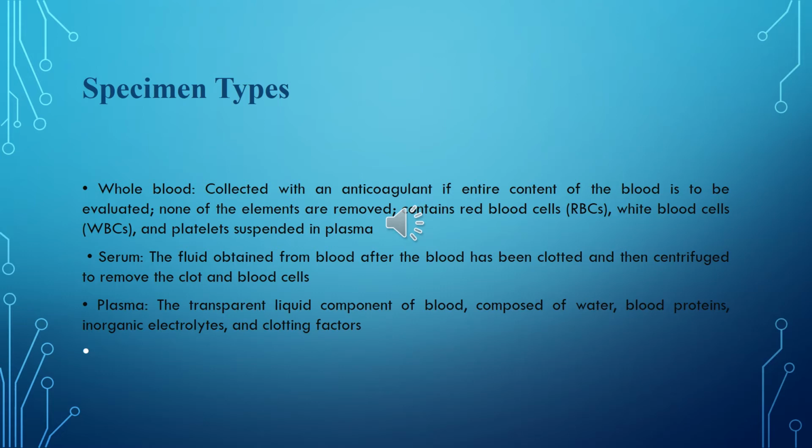To assess the total body content of a nutrient, the best and most common specimens for nutrient or nutrient-related substances analysis include whole blood, in which there are RBCs, WBCs, and platelets; serum, which is basically the fluid obtained after the blood is clotted and centrifuged to remove the clot and blood cells; and plasma, the transparent liquid component of the blood containing inorganic electrolytes and clotting factors.